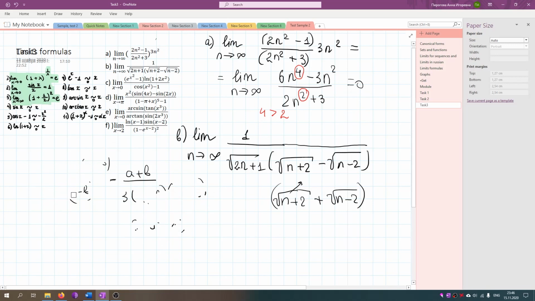So let's just multiply our fraction by the square root of n plus 2 plus the square root of n minus 2.